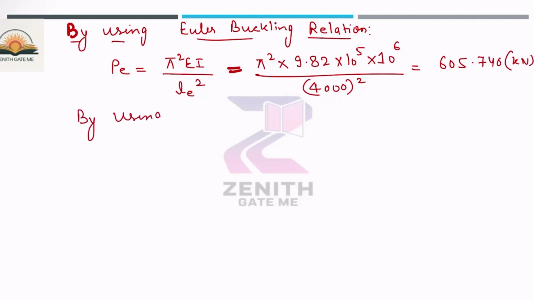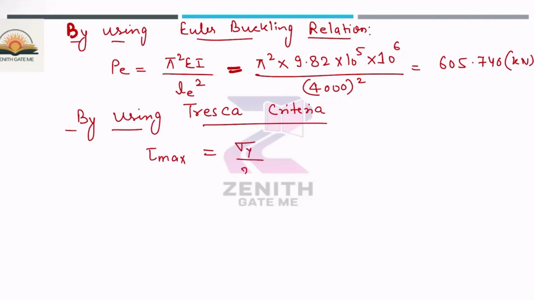Now, by using the Tresca criterion, the maximum shear stress is equal to the yield strength divided by 2. And how do you calculate the maximum shear stress? It is σ1 by 2, because σ2 is 0, since only one axial load is acting.